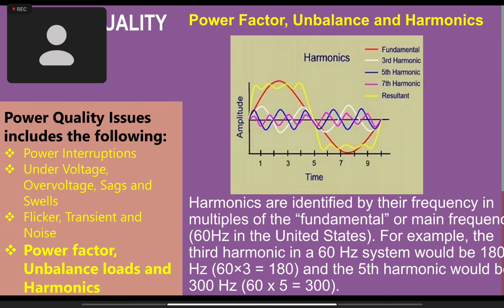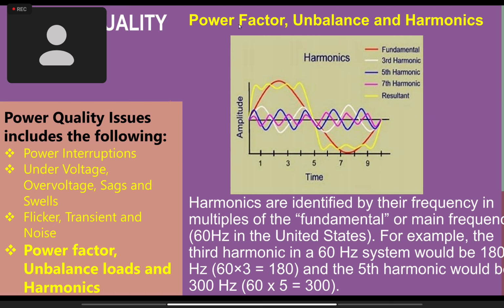So if our system has frequencies higher than 60 Hz, then that is an indicator of a system that is infested with harmonics. And we know that the contributors to these harmonics are the types of loads that are connected to our system.